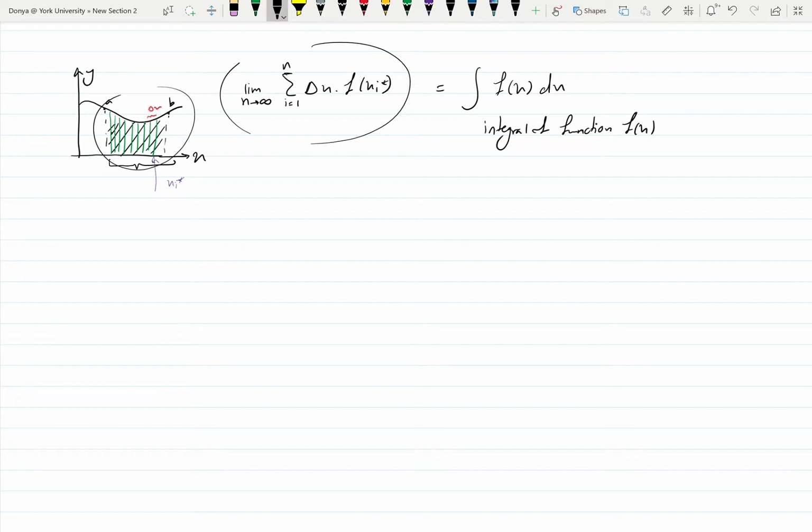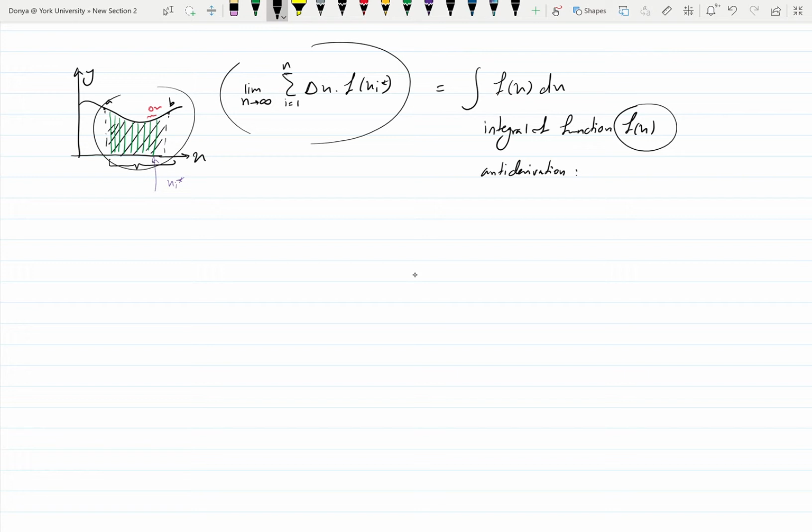So now we need to find the antiderivative of f(x). And the antiderivative of f(x) is basically the function, whatever f(x) is, before taking the derivative.